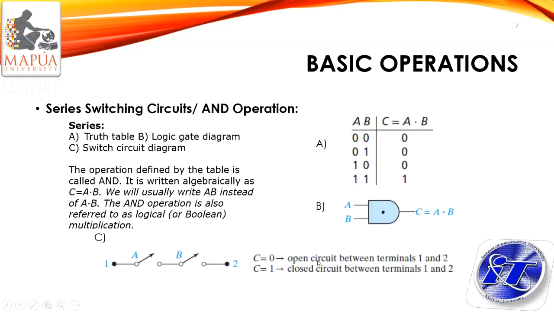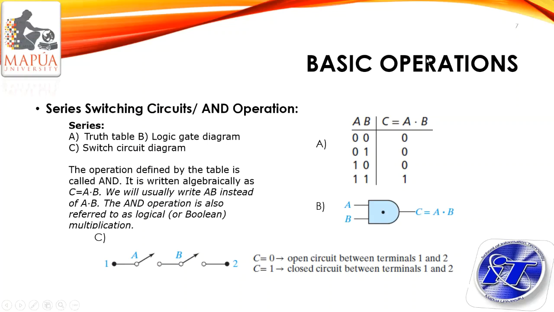The second operation is the AND operation. In the AND operation, it's like we have two switches in series, wherein if one of the switches is open, we're going to have an open circuit. The only time we're going to have a closed circuit is if both switches are closed.